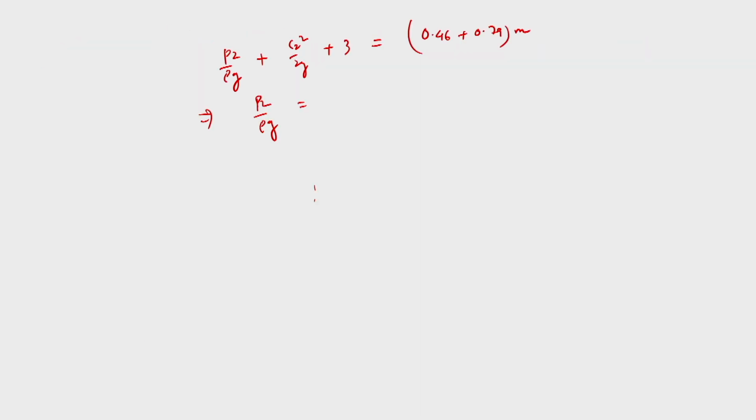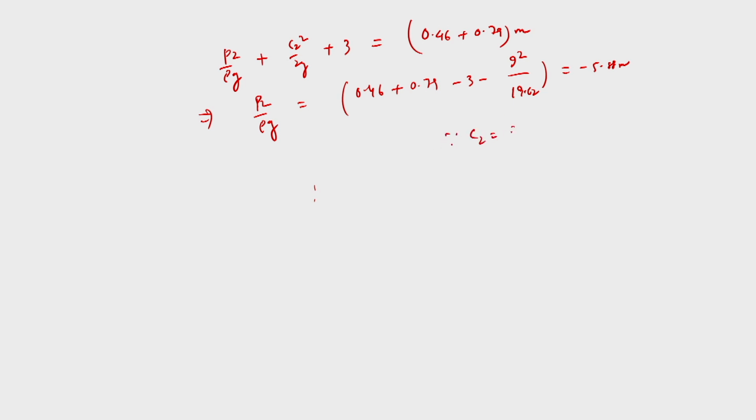So, if I apply, P2 by rho g plus C2 square by 2g plus 3, taking that as datum, then 0.46 plus 0.79 minus 3 minus C2 square by 19.62, that is equal to minus 5.88 meter.